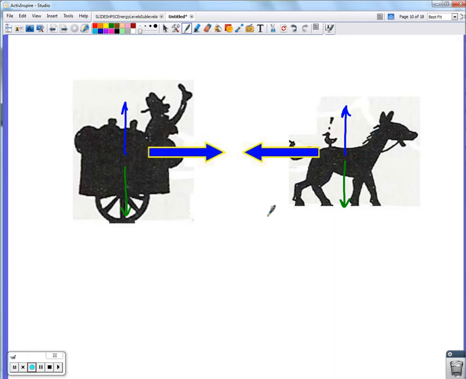But that force can't cancel out the original force because they are not on the same object. So while action-reaction forces are equal and opposite, they don't cancel each other out because they don't act on the same object. These 2 equal and opposite forces can cancel each other because they're on the same object. But these 2 equal and opposite forces can't cancel each other because they're not on the same object.